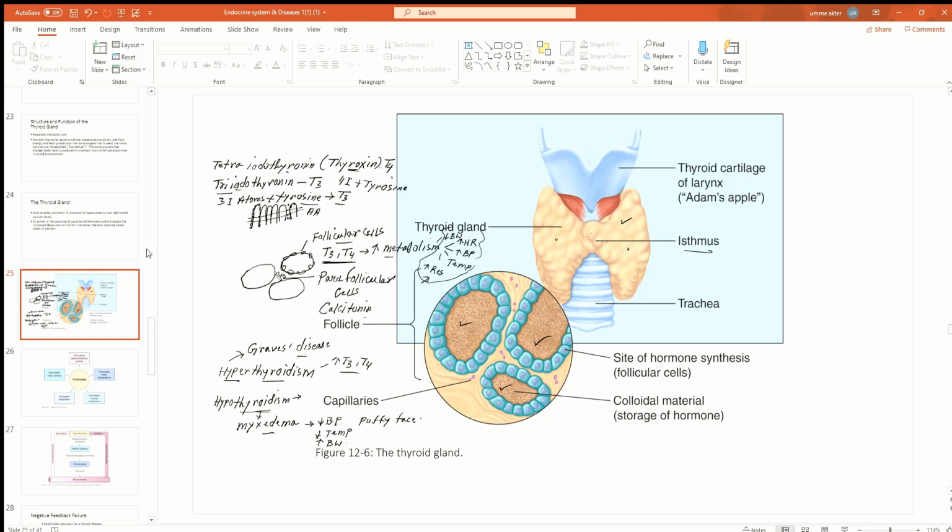That is called bagginess of the eye. So those are two clinical conditions: Graves' disease due to hyperthyroidism, myxedema due to hypothyroidism. Another clinical condition due to hypothyroidism, this is more commonly seen in the young kids, that is called goiter.